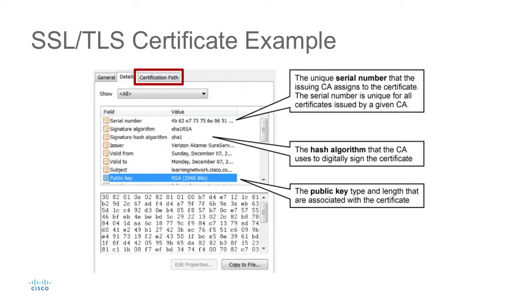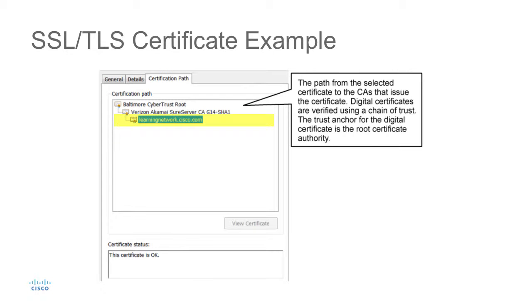If we look at the certification path tab, we can see the learning network is who was issued this certificate. We can see the hierarchy here of how the certificate was issued from Verizon Akamai Secure Server and from the Baltimore CyberTrust root.